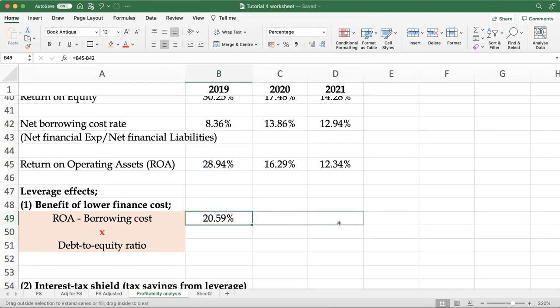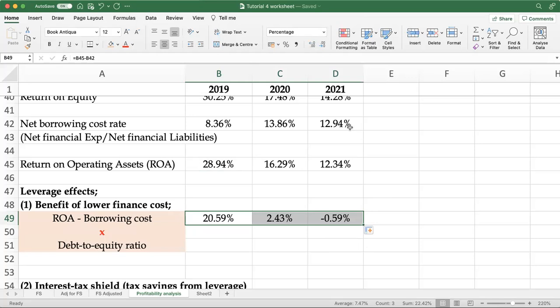Now you see the difference between ROA and borrowing costs is declining. When it comes to 2021, it has become a negative value.